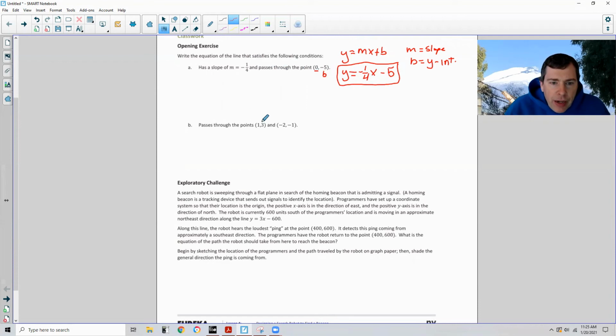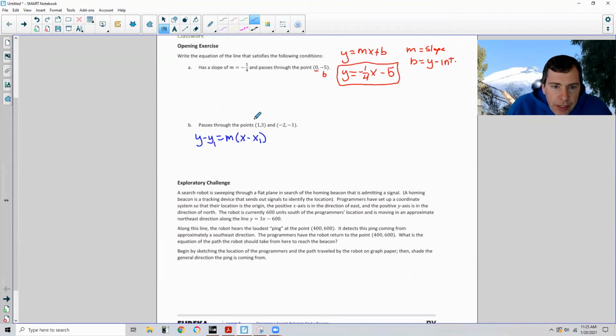But now we have one where they didn't give us the slope and they didn't give us any 0, something. So we don't see b here. So these are 2 points. We're going to use the point-slope formula for this. The point-slope formula is y minus y1 equals m times the quantity x minus x1.